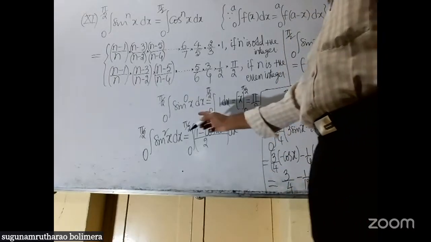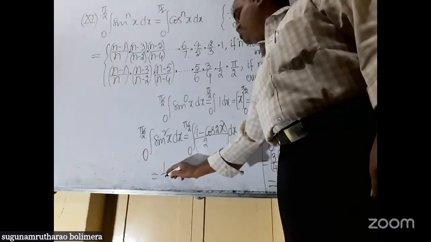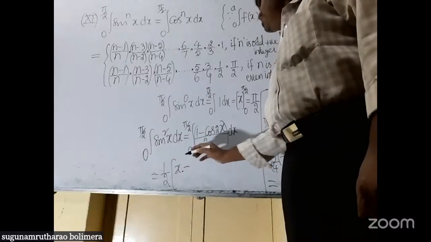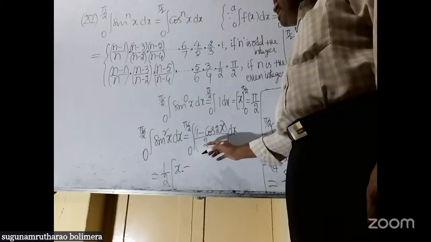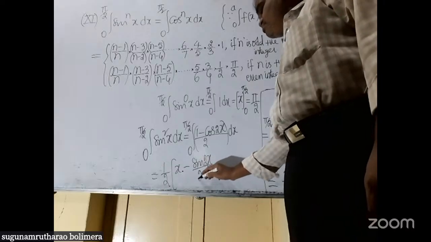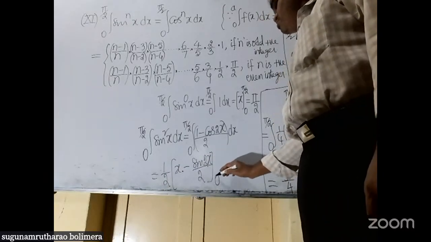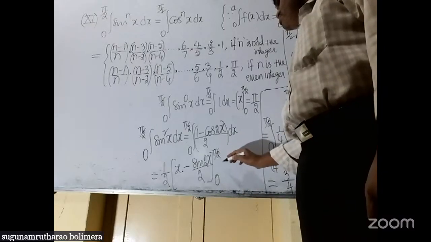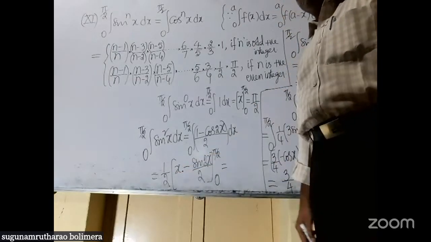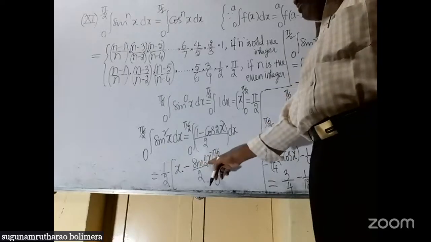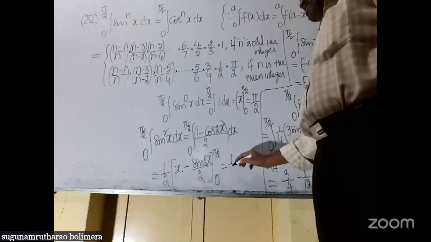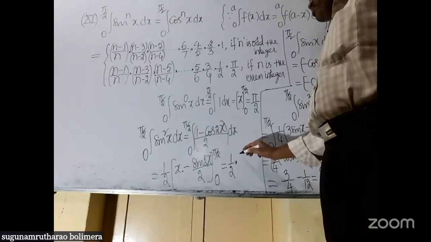If you take that 1 by 2 out, 1 by 2 into the integral of 1 is x minus the integral of cos 2x is sine 2x by 2, limits from 0 to pi by 2. On writing the upper limit, this will be pi by 2, and sine pi will be 0. On writing the lower limit, this is 0, this is 0. So the answer is 1 by 2 into pi by 2.